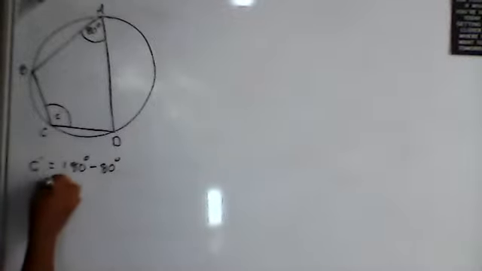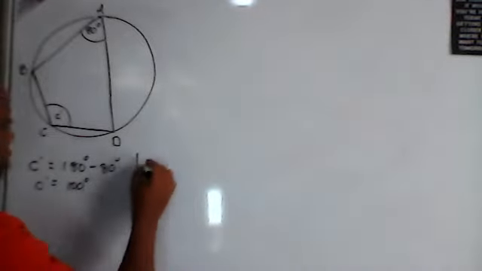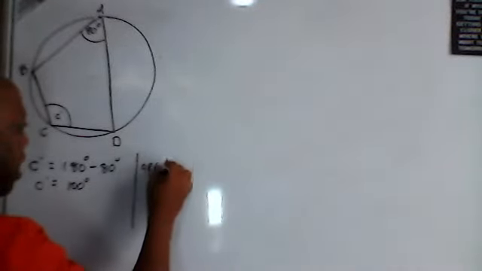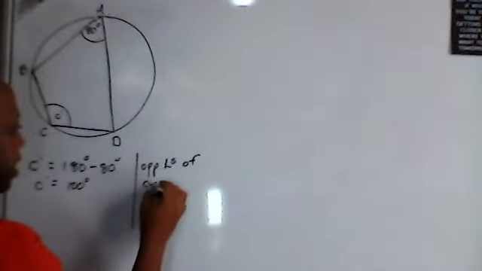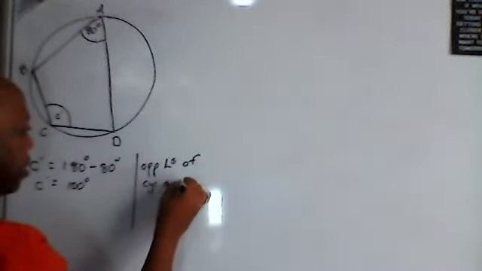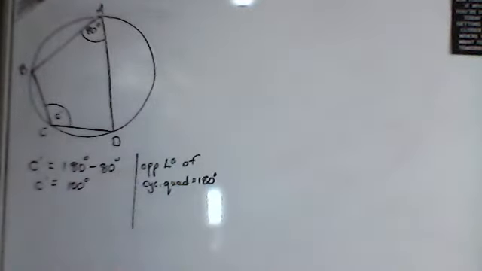So angle C is equal to 100 degrees. The reason for that is opposite angles of a cyclic quad are equal to 180 degrees.